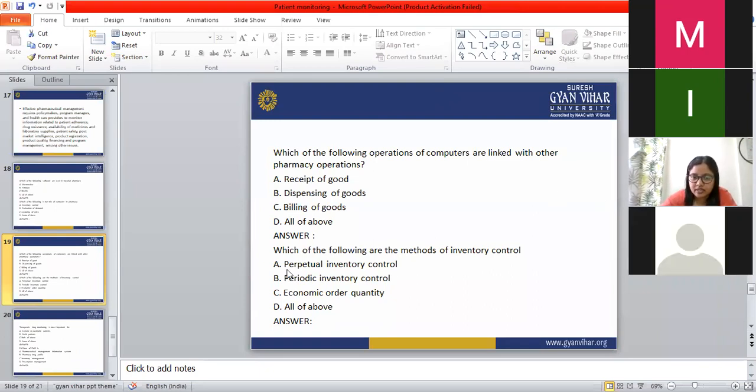And next question is, which of the following are the methods of inventory control? Perpetual inventory control, periodic inventory control, economic order quantity. What is the correct answer?